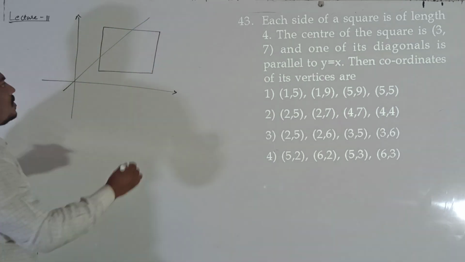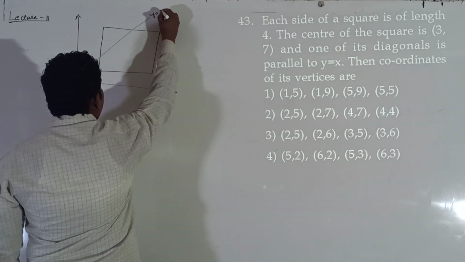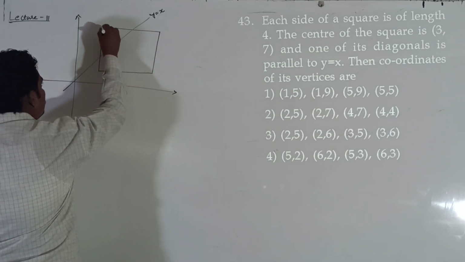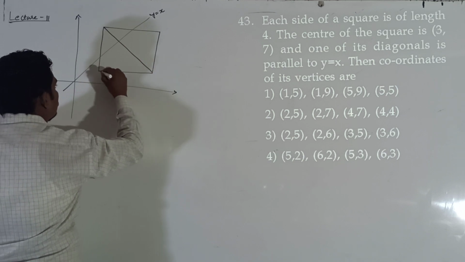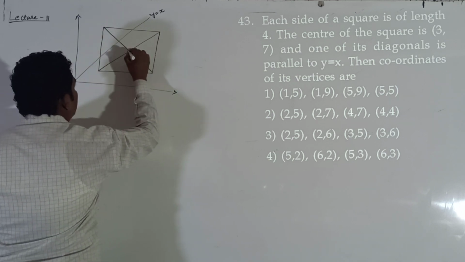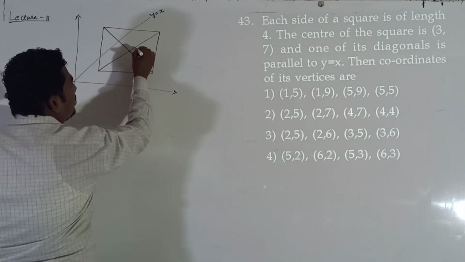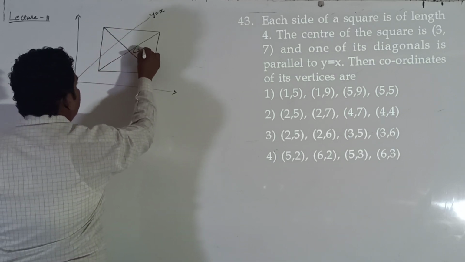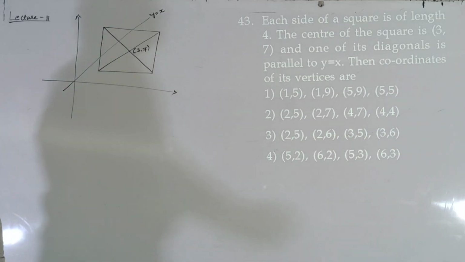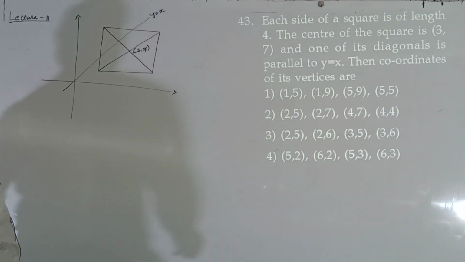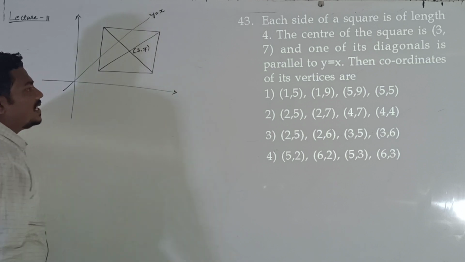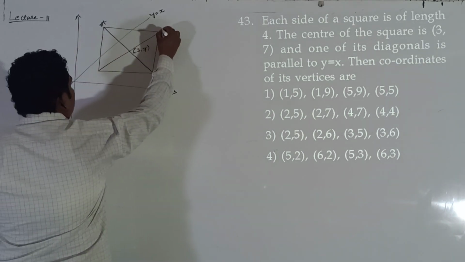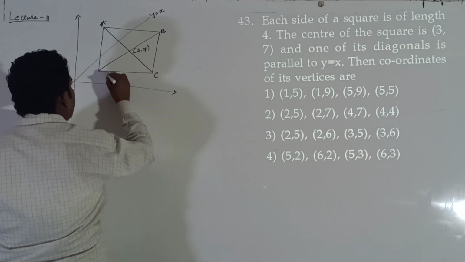This is the line y equal to x. This point they have given, that is 3 comma 7. One of the diagonals is parallel to the line y equal to x. Can you tell me A, B, C and D?